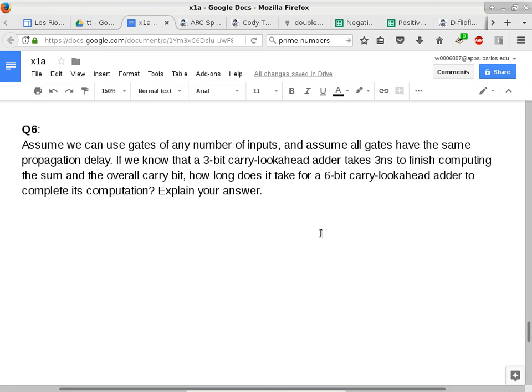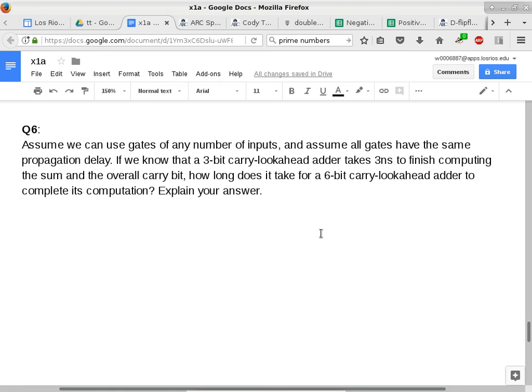I guess the only time it would be different is when it's 1 bit instead of 3 bits, because then that would just be one of the gates. True. If it is a 1-bit adder, then you may not need all 4 levels of gates.